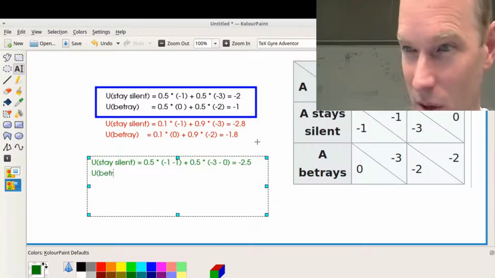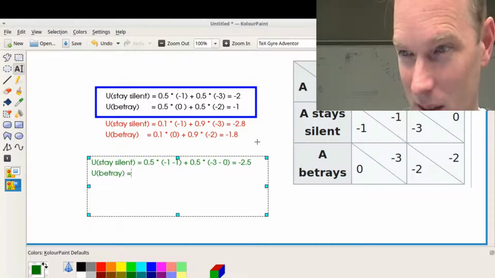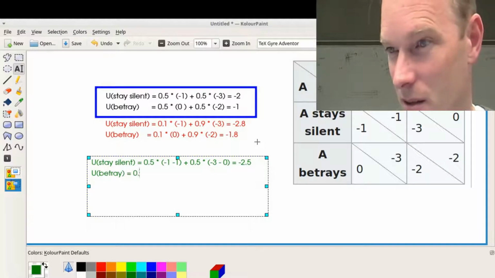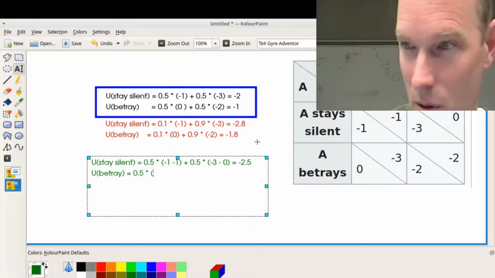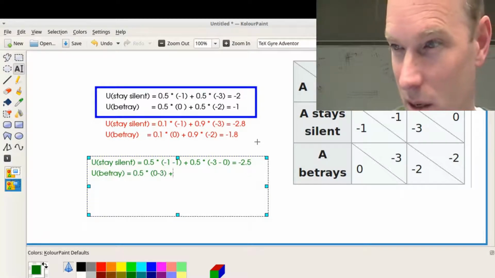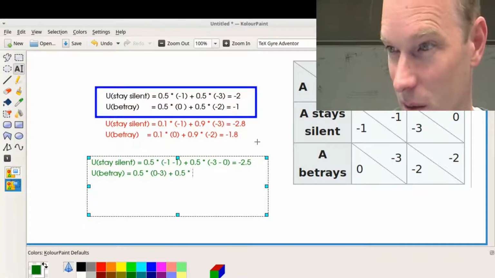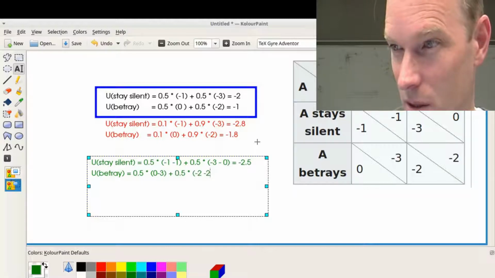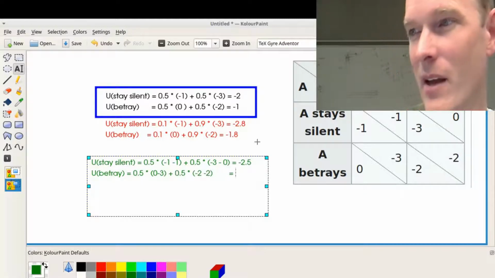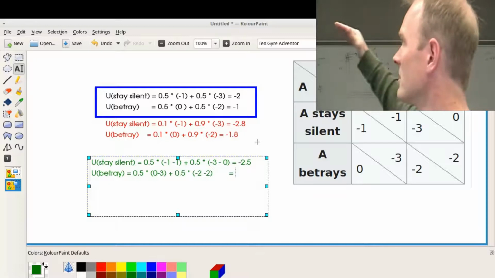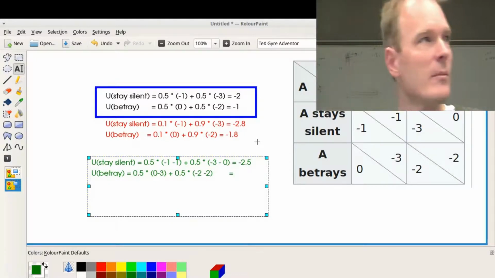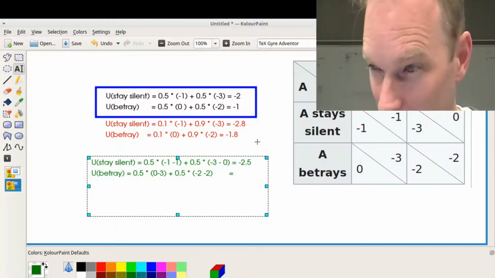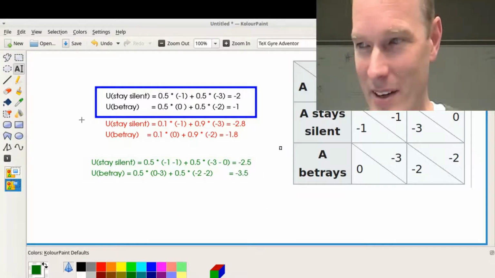Now the utility of betray is 0.5 times 0 minus 3 plus 0.5 times -2 minus 2, right? Because I'm adding both my payback and my opponent's payback, and this works out to, okay, well, there you go.